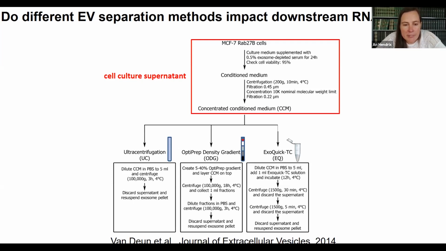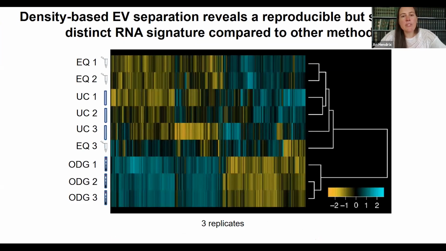So we prepared extracellular vesicles from the cell culture supernatant using 3 methods, and we implemented complementary characterization methods to characterize those preparations in depth. I will not go through all of them, but focus on the RNA analysis that we performed.